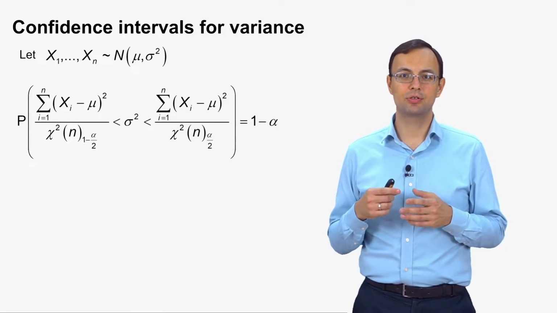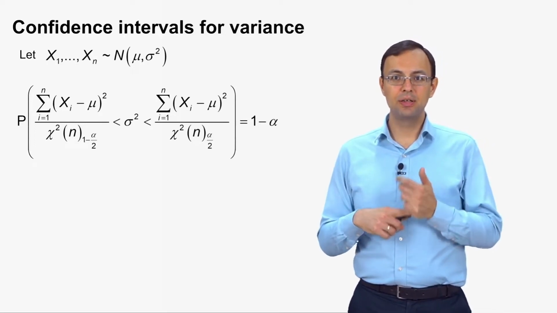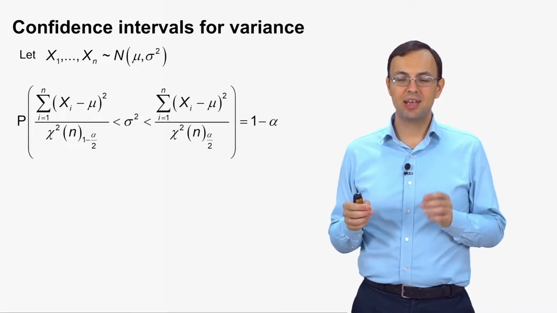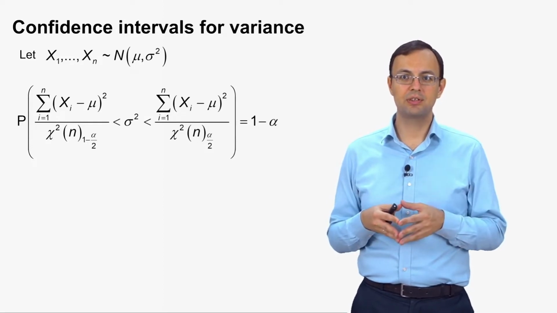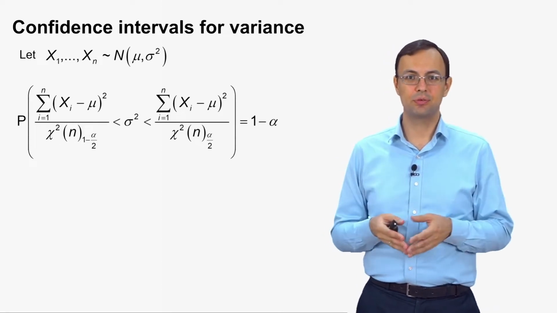Here also the parameters are mu and sigma, and mu is supposed to be known, given. In this case, the formula for the confidence interval for the variance is as follows.